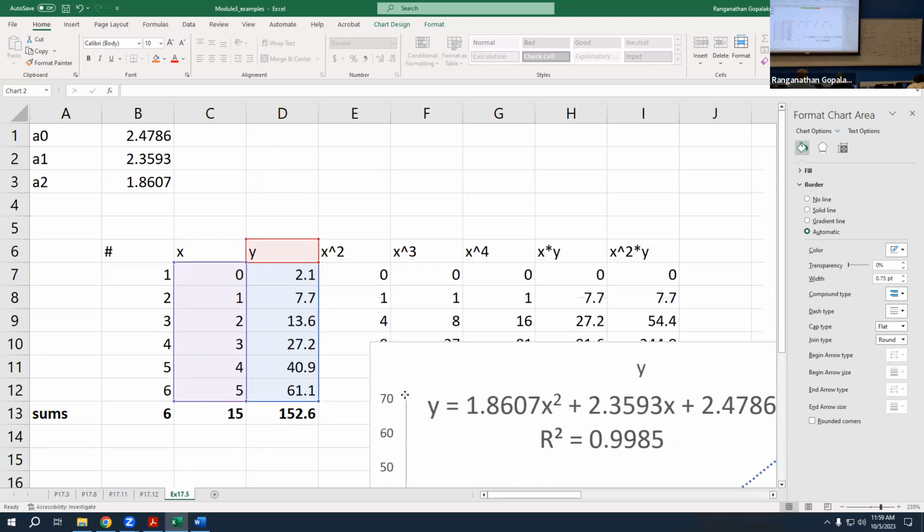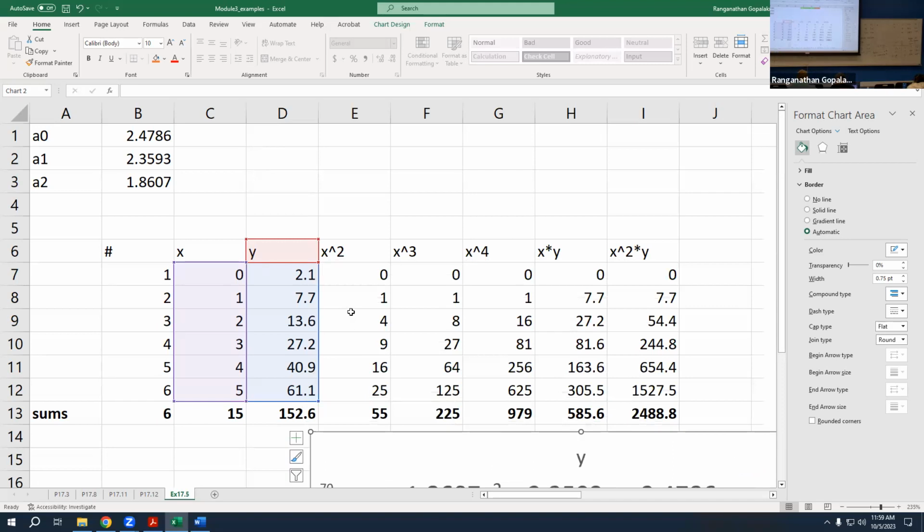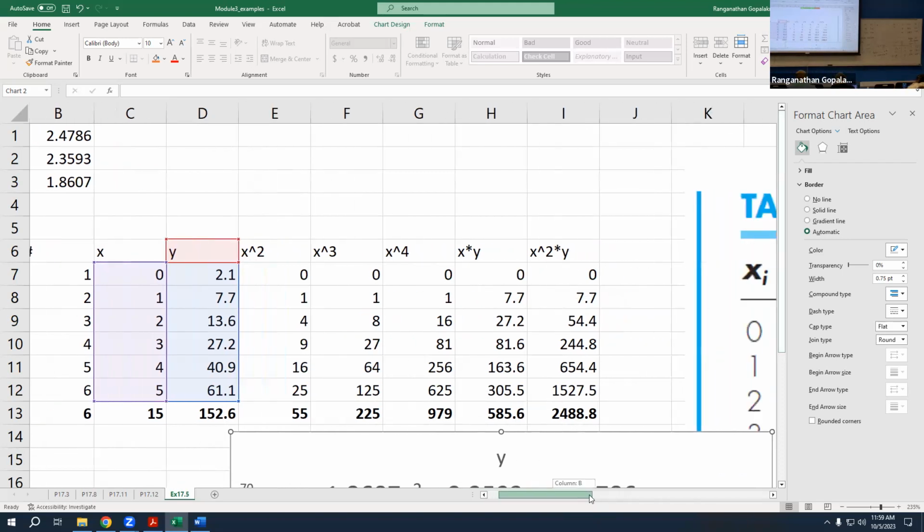All right, thank you. So one aspect that we still want to discuss about this fit is how good the fit is. How do you estimate the goodness of the fit? Your attention please, this is sort of important.